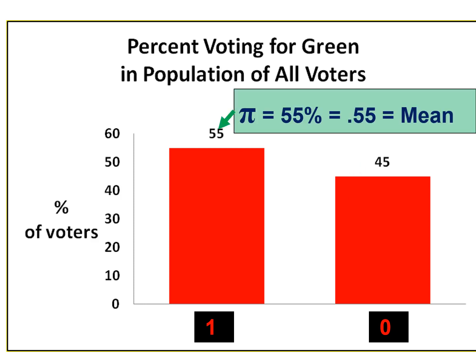We know that the proportion of voters in the population who are voting for Green is 55%, or 0.55. That is, pi equals 0.55 or 55%. So the population mean is equal to pi, which is 0.55.